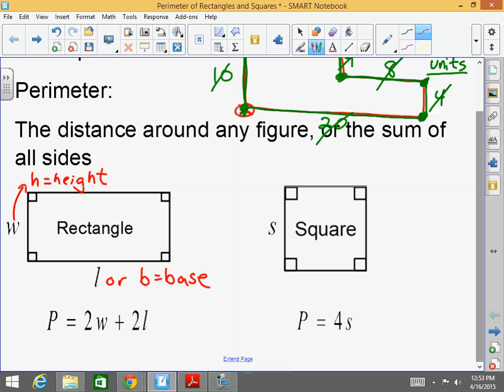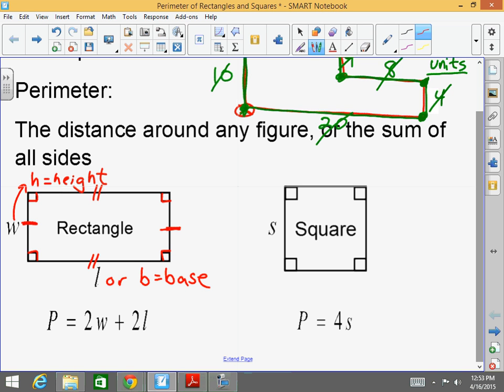Okay? Now a rectangle. How do you know how to recognize a rectangle? A rectangle is a four-sided figure with four right angles. What's a right angle, you may say? A right angle is an angle that equals exactly 90 degrees. It is also a figure whose opposite sides are equal. So the widths will be equal and the lengths will be equal.